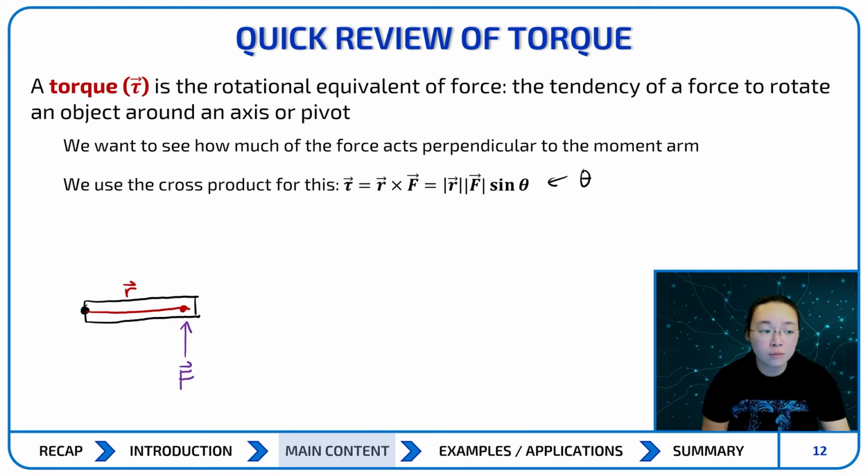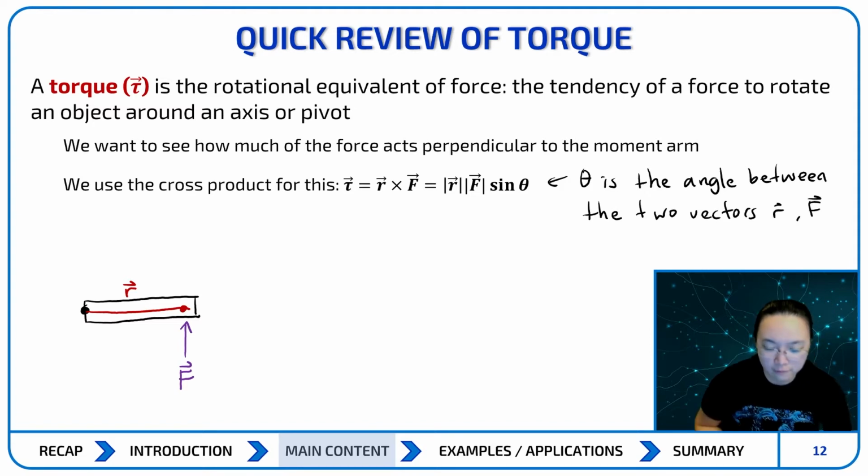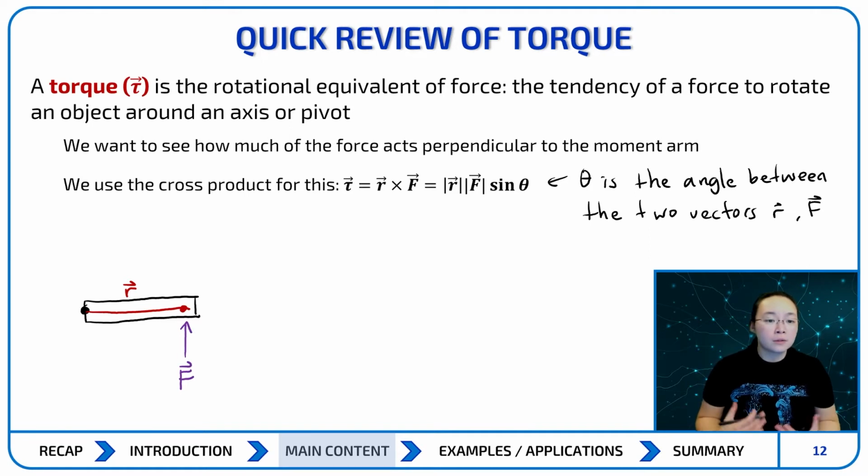Theta is the angle between the two vectors, R and F. So what this means is if I have sine of 0, that's going to give me 0.